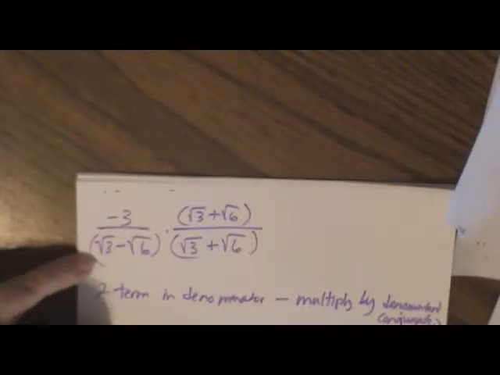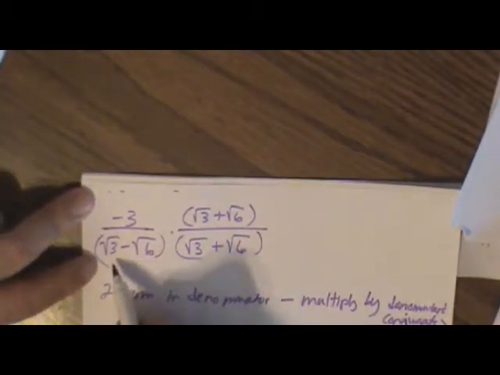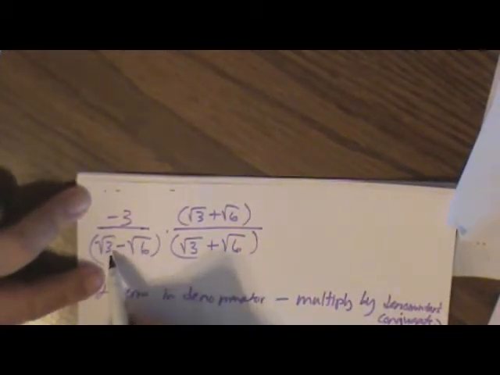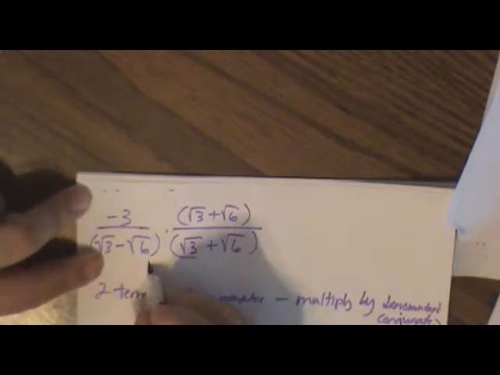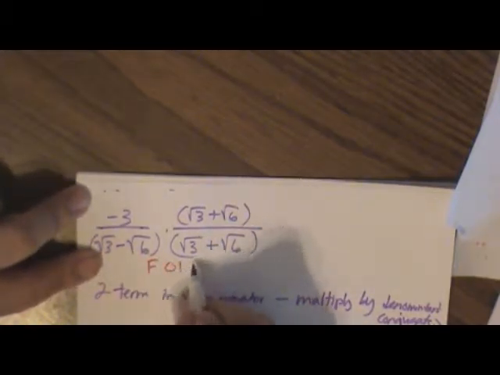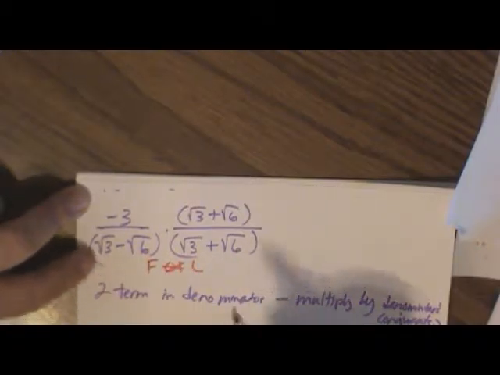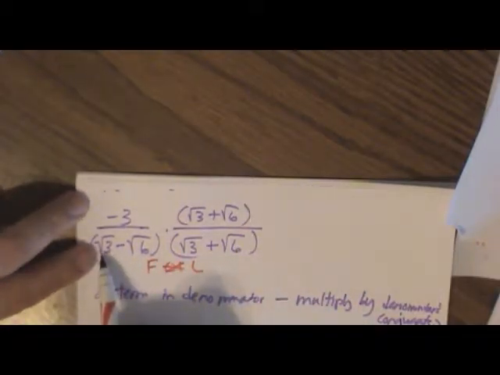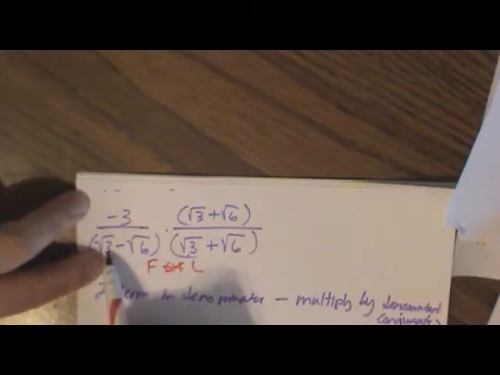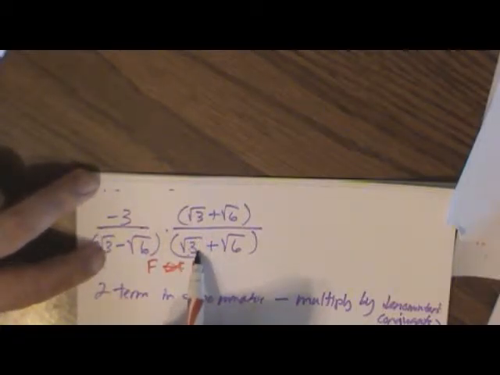So let's go ahead and do this. When you do the conjugate, you're going to find out that when you multiply that, all you're really going to do of the FOIL process is the F and the L, because these will cancel out. Okay, first times first, 3 times 3, you got a pair of 3's that'll come out, so you have 3.